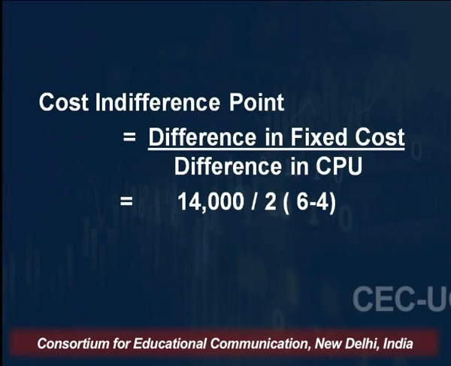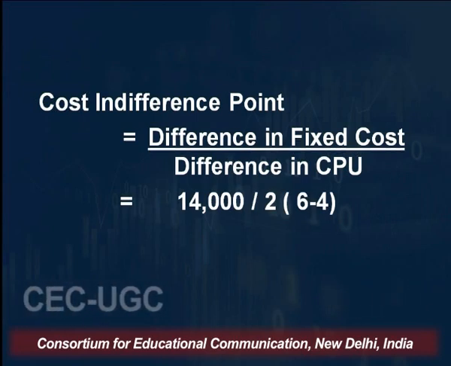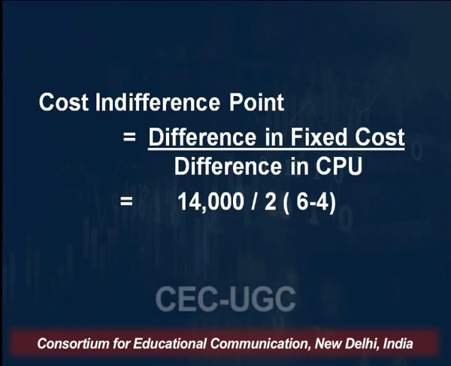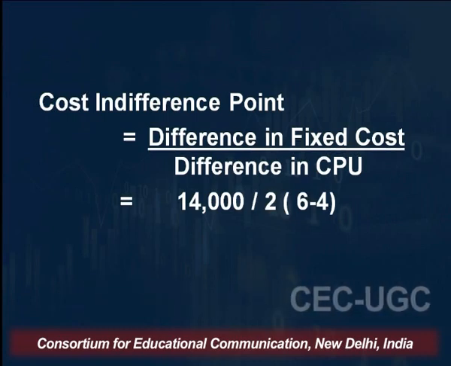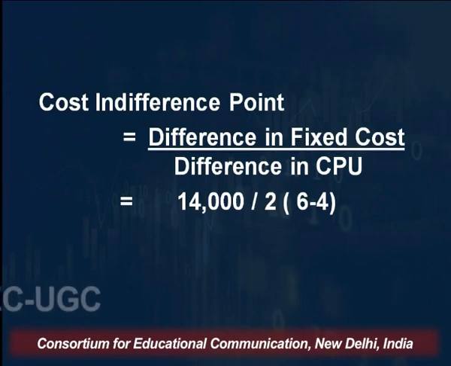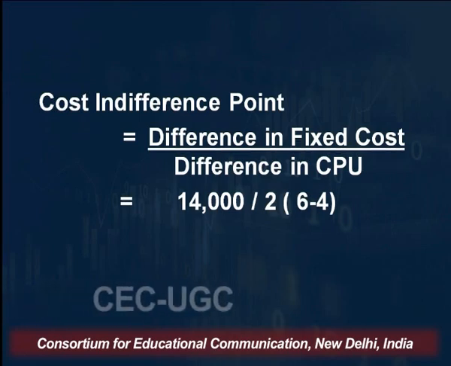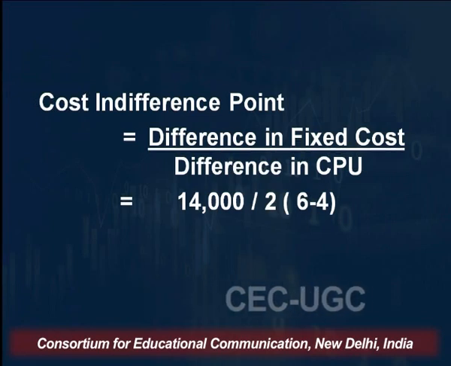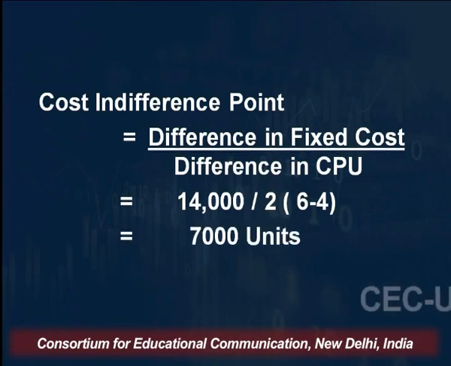Difference in fixed cost, 30,000 minus 16,000, you will get 14,000 rupees, divided by difference in contribution per unit. For machine A, contribution per unit was rupees 6, for machine B it was rupees 4, the differential value comes to be rupees 2, and when I calculate, the answer comes to be 7,000 units.